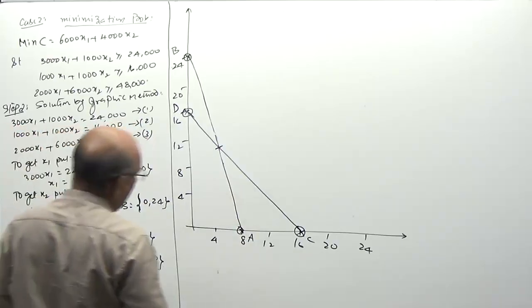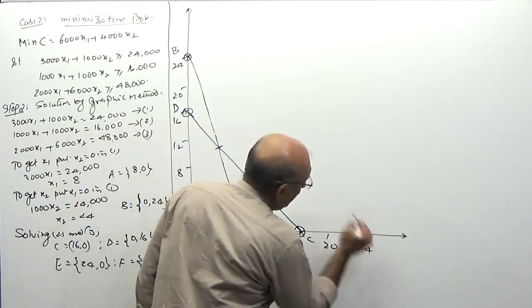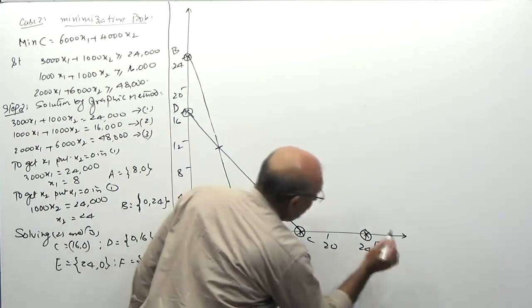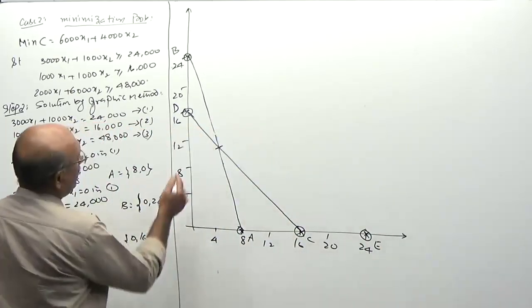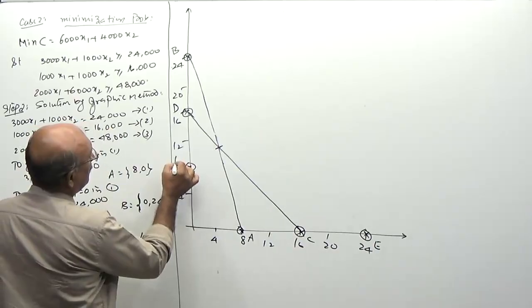Finally 24 comma 8. 24 is on x-axis, 8 is on y-axis. F.